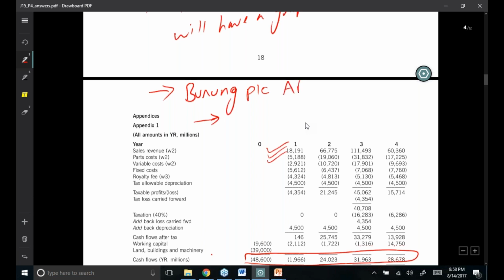For APV, that is enough. And for international investment appraisal, you can solve FTO or Tramont. It's a very good question.